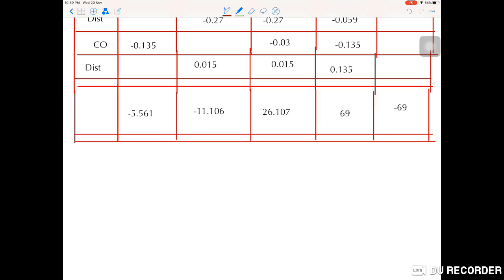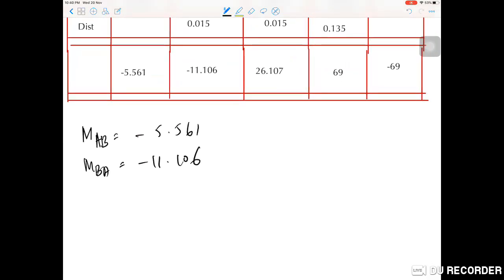Okay, so we may check the answer. So here MAB is negative 5.561. MBA is negative 11.106. MBC is 26.107. MCB is 69 and MCD is negative 69.